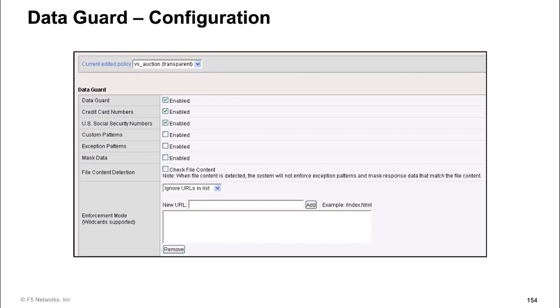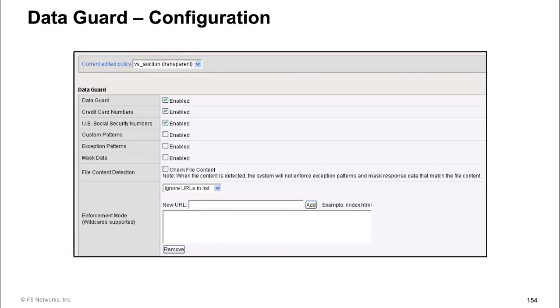So if you turn data guard on, we recommend to only look at URLs that contain the sensitive data, like login.php or account.php. So all those URLs that contain the sensitive data, you want Advanced Web to scrub those responses. You don't want Advanced Web to scrub all responses because once again, that puts more overhead on the box.